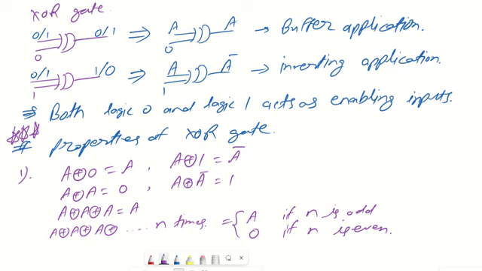Now let us talk about other properties. Properties of XOR gates, third one, we have A XOR A bar B. This is going to give me A plus B. Understood?